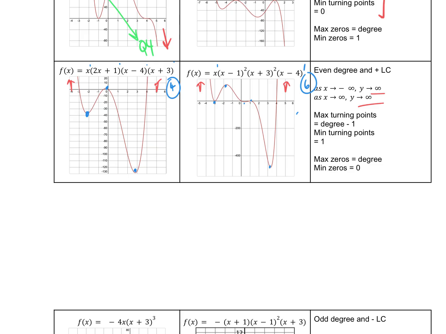But I do need at least 1 turning point because this function needs to turn around so that the end behaviors go in the same direction. So for example, something like this. The parabola is the most basic even degree polynomial. I need 1 turning point to go back to where I started. In terms of the zeros, if I have a degree of 4, I could have up to 4 x-intercepts like we do in this example.